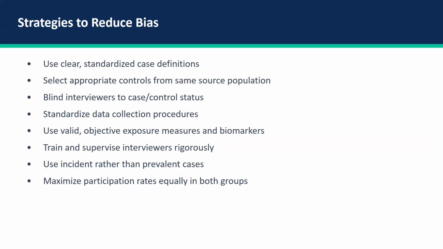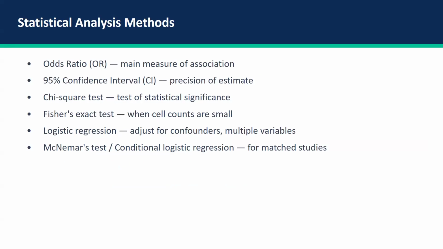So these are the strategies to reduce bias. We have already discussed them one by one. So the statistical analysis methods used are the odds ratio, which was already discussed previously. This is the main measure of association. Then we have to take the 95% confidence interval, which is the precision of estimate.